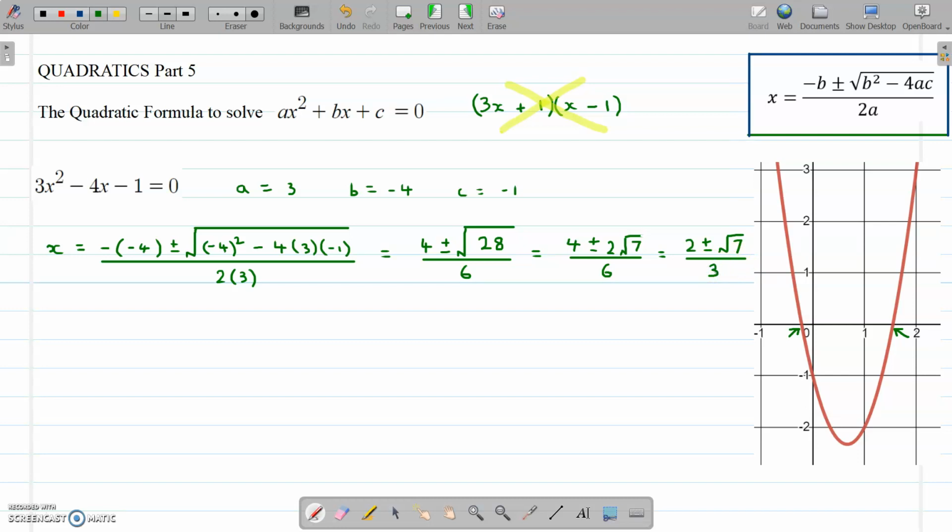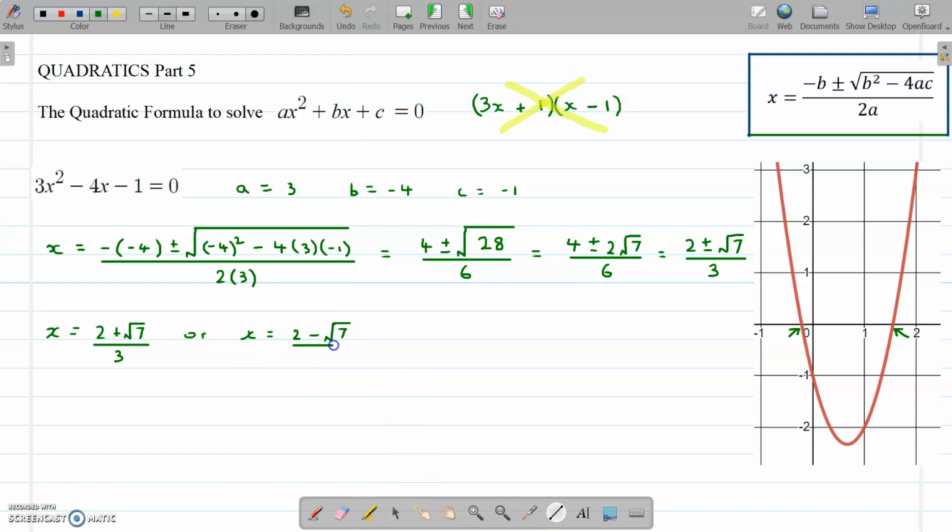That means there are 2 values of x, which there would be because you can see it's crossing in 2 places. The first comes from 2 plus root 7 over 3, and the second solution comes from x equals 2 minus root 7 over 3.